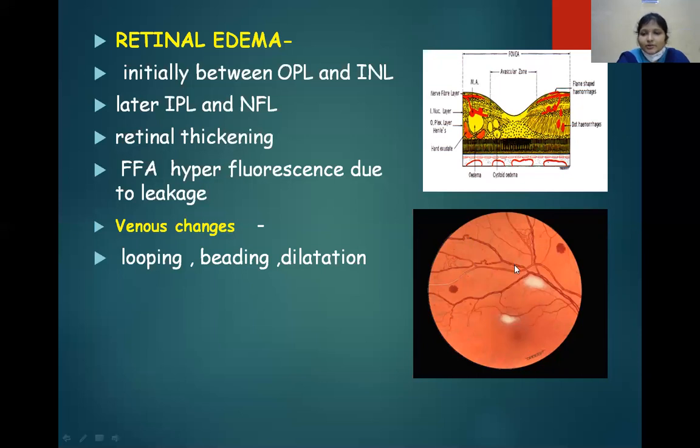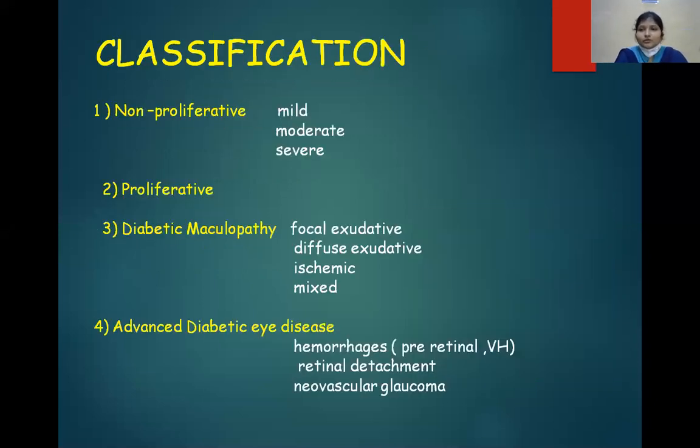We see the lumen is broader compared to the normal size, and we see looping as well as beading of the veins. So these are the main characteristic features present in retinopathies: microaneurysms, hemorrhages, soft exudates and hard exudates. In hemorrhages, we have superficial and deep hemorrhages.